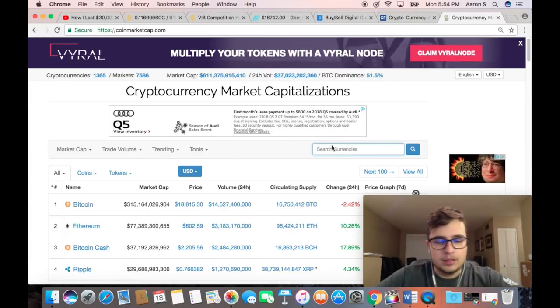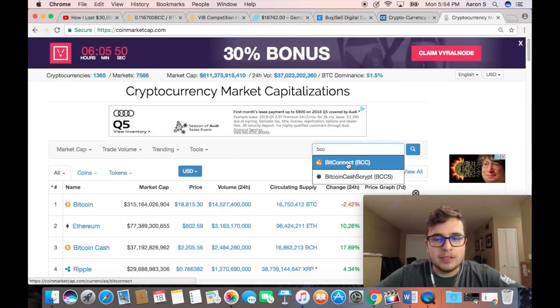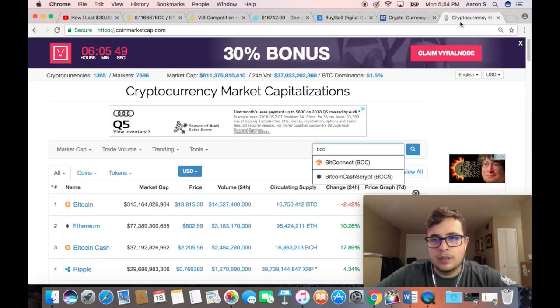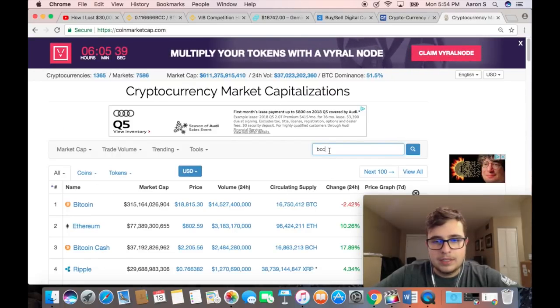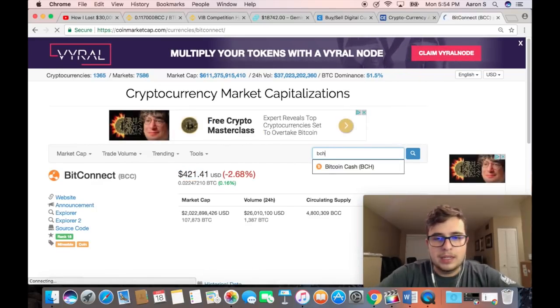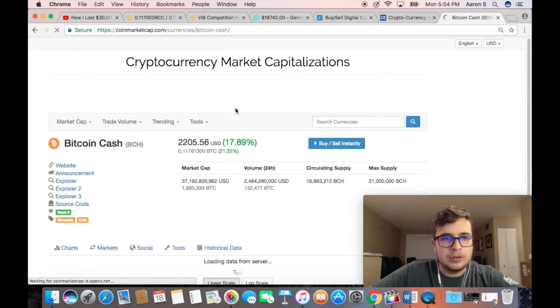So if we go here, you put in BCC, BitConnect comes up. But of course, on Binance, this is Bitcoin Cash because the price is $2,161 and BCC is $421. So if you put BCH, you can check the price of Bitcoin Cash on CoinMarketCap.